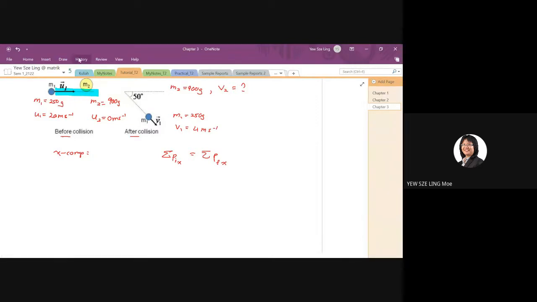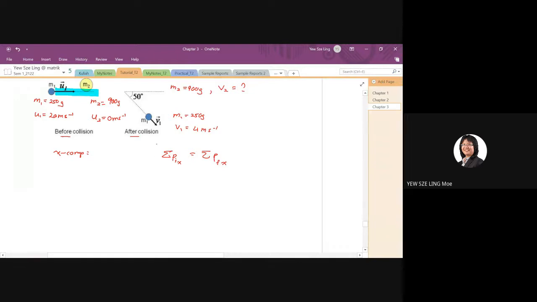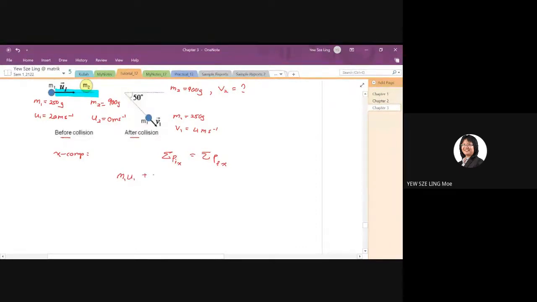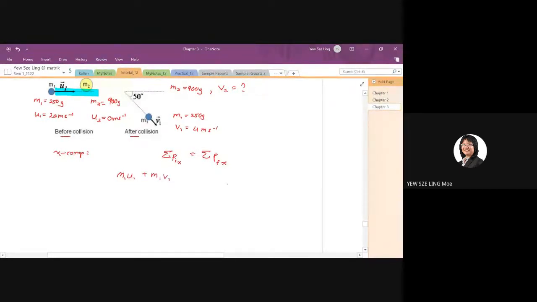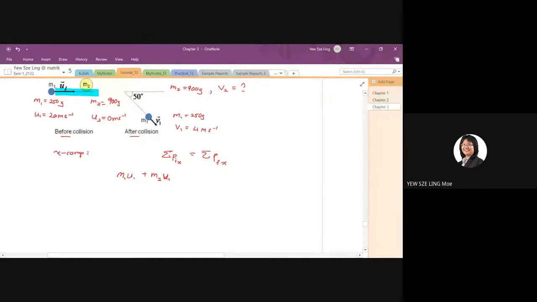So for the initial part, I have m1 u1 plus m2 u2. So initially, I don't have to do anything, I don't have to resolve it, because my initial momentum that happens before collision just happens along the x component.